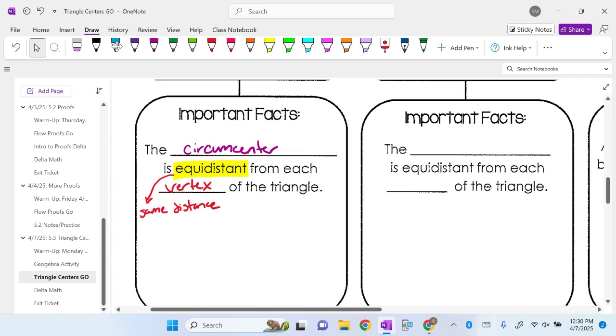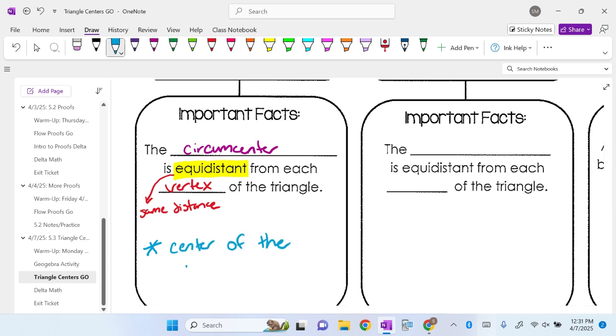So another thing to note down here is the circumcenter is always the center of the circumcircle. Meaning, if you were to draw a circle that goes through all three vertices of the triangle, the circumcenter would always be the center regardless of how big or small you make the triangle.